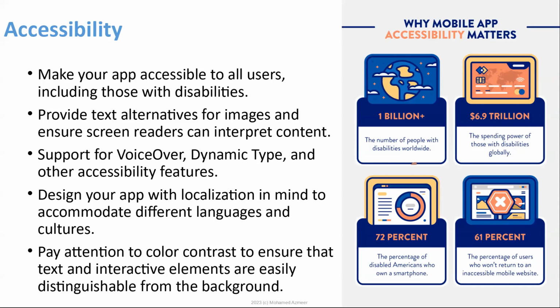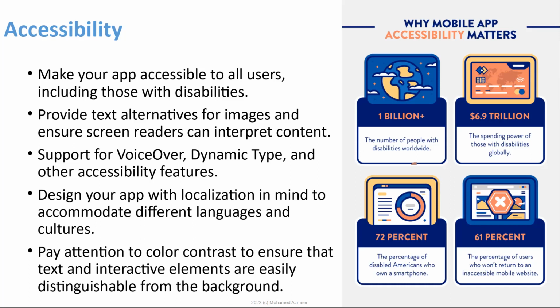Now, if you look at the American situation, 72% of the disabled people have a smartphone, right? Very good. Now, look at the next one. Out of that, 61% of the people will never come back to the mobile site or the app if it is not accessible.